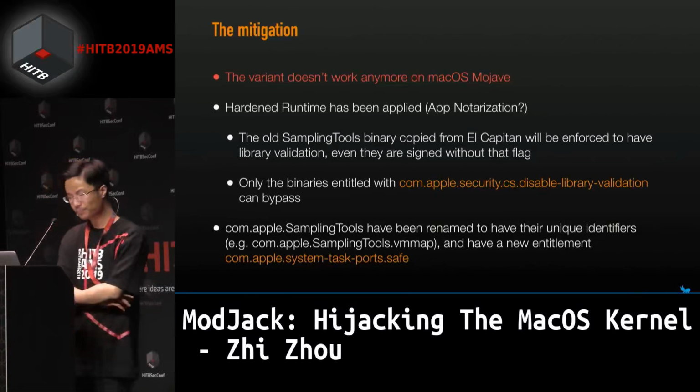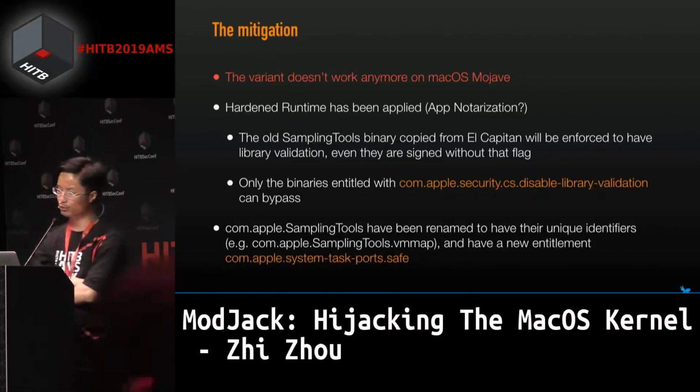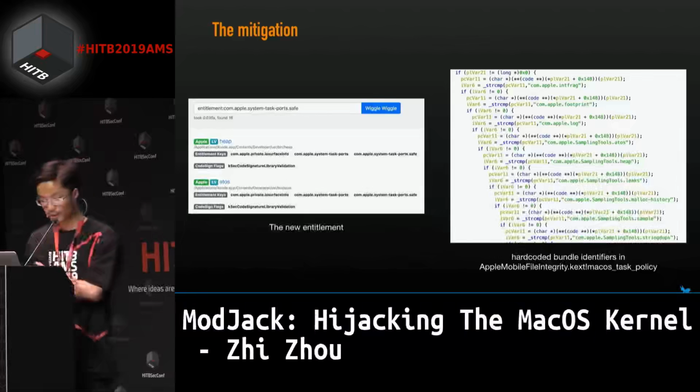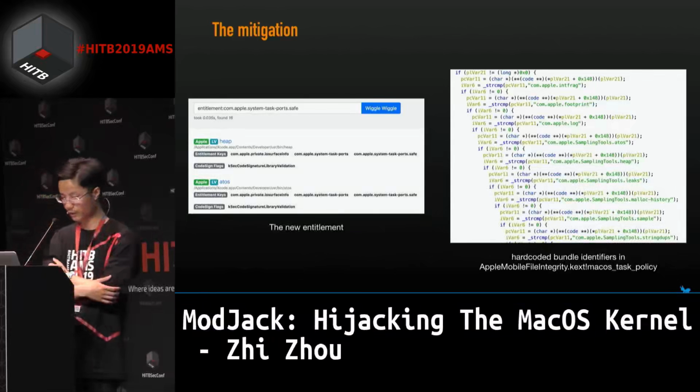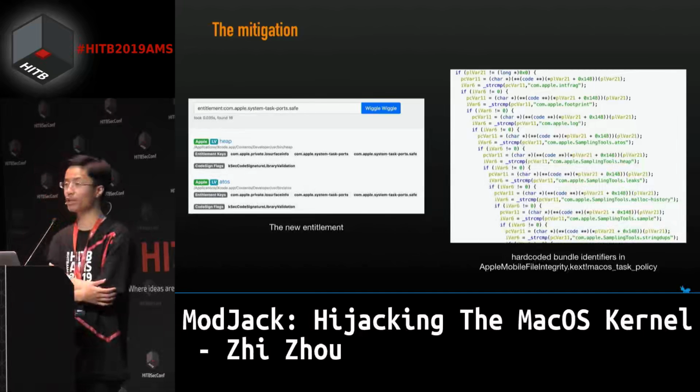And then those sampling tools have been renamed to have their unique identifiers. And there is a new entitlement, the safe version for system task ports. You can see they have introduced this safe version, which means that these old binaries will not work anymore.